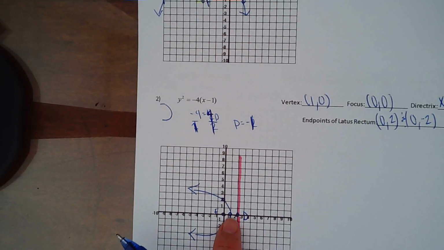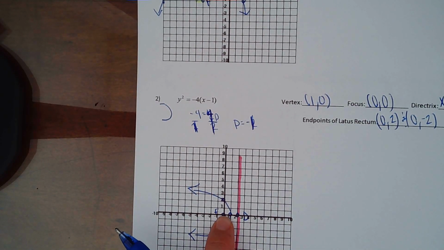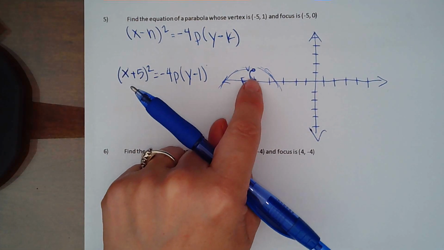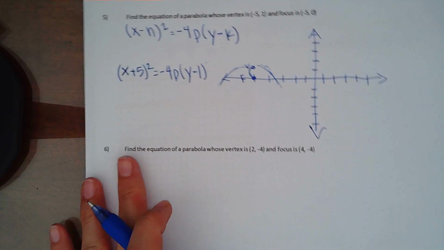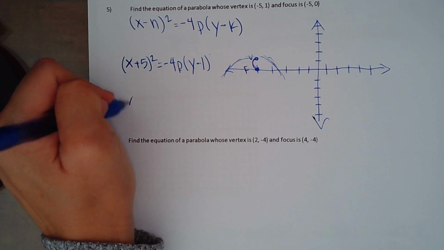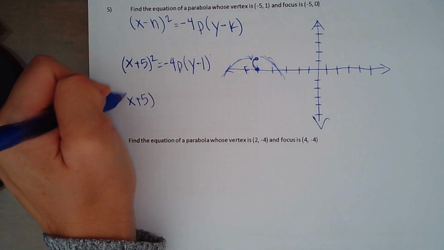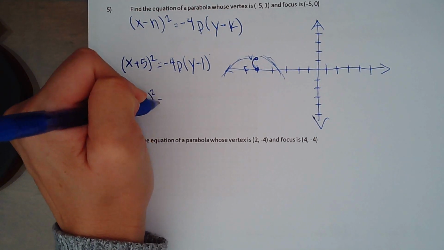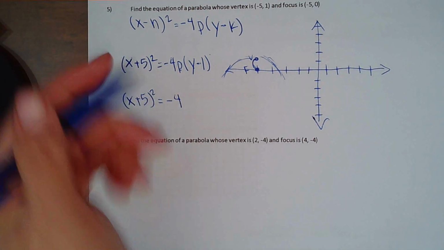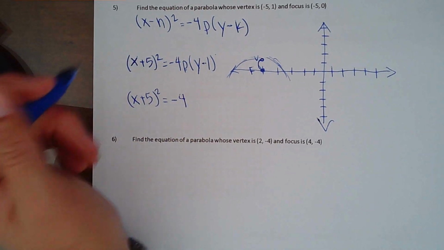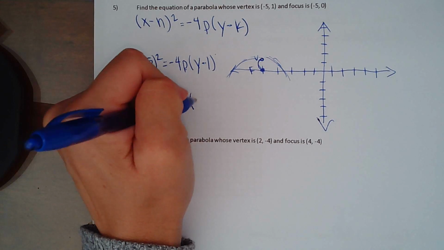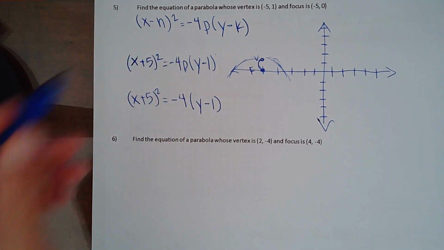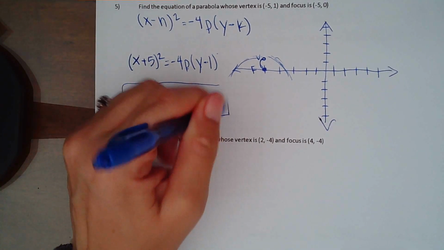So from our vertex, we counted over 1. So we see that they're just 1 unit apart. So that's our p. We're going to plug that in. So our answer would be x plus 5 squared equals negative 4, but not p anymore because we just knew that p was 1, times y minus 1. And then you're done.